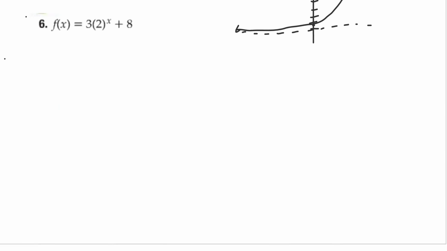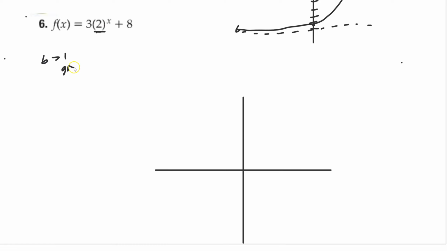Let's do another one. So this one here, I'll make the table again. So again, first thing we're going to do with this is go, okay, is it growth or decay? It's a growth. And then I would normally cross at 3.